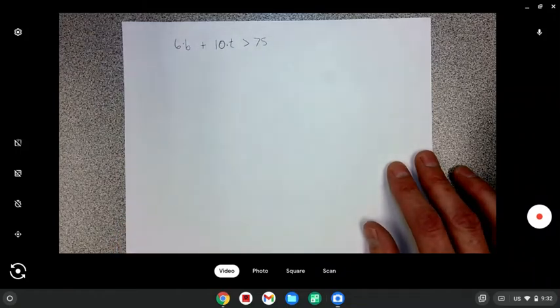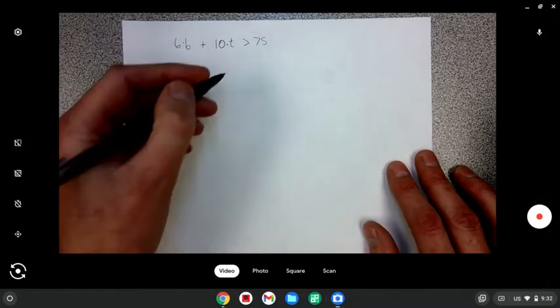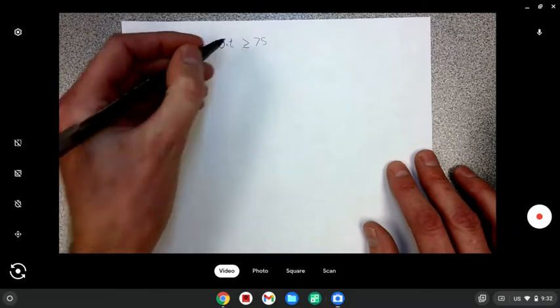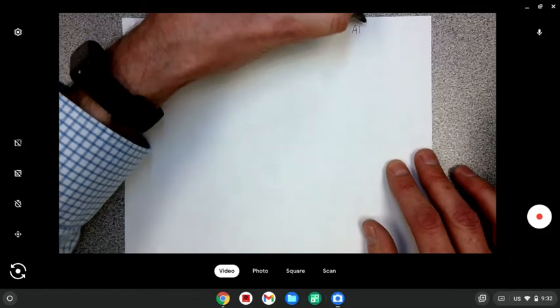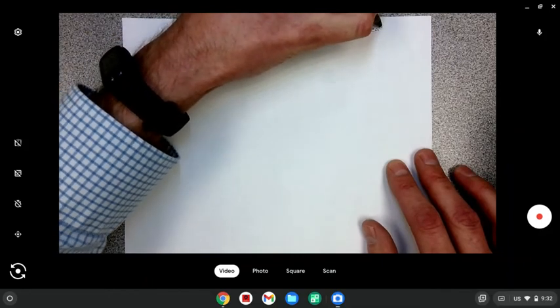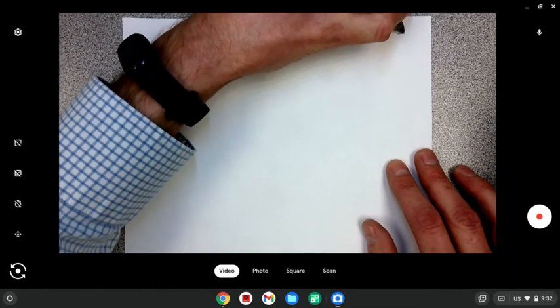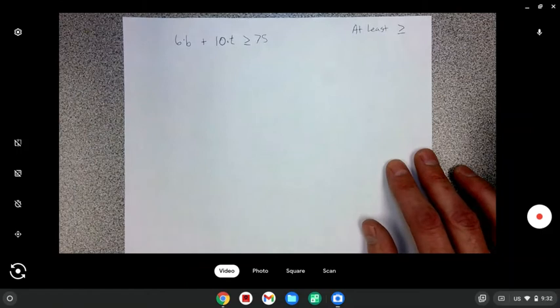I'm sure she'd be very happy. Or it could be exactly $75. So in general, at least is going to be greater than or equal to. If you see that term, something needs to make at least this much money or needs to move at least this far, we're talking greater than or equal to.